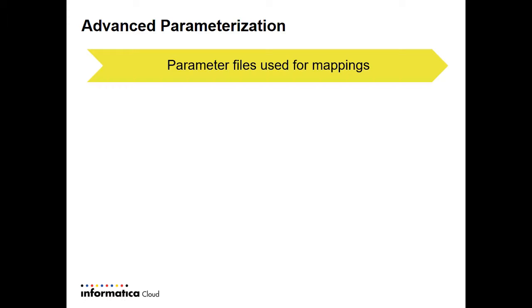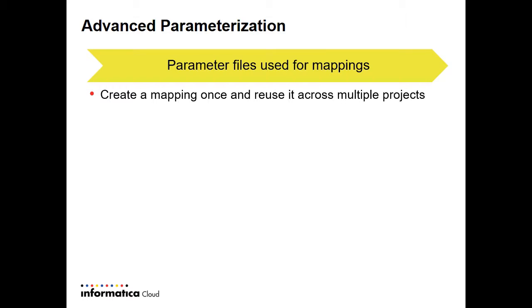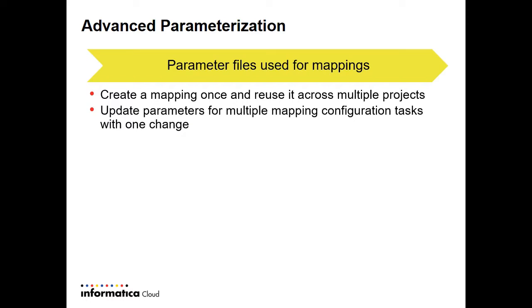This minimizes hard coding, thereby increasing the flexibility, reusability, readability, and avoids rework through the judicious use of parameters and variables. You can create a mapping once and reuse it across multiple projects. You can also update the parameters for multiple mapping configuration tasks with one change.